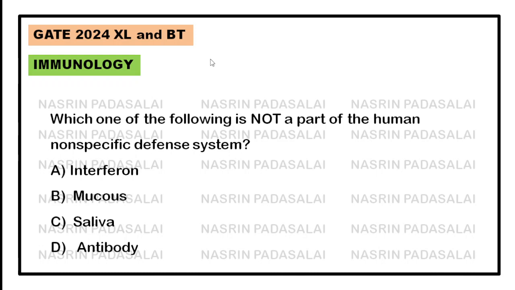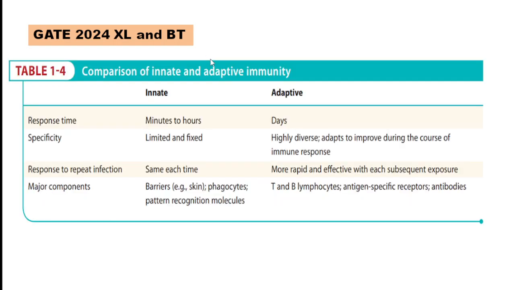Next, which one of the following is not a part of the human non-specific defense system? There are two different systems, one is specific and the other is non-specific. Non-specific defense comes under innate immunity, and specific defense comes under adaptive immunity.